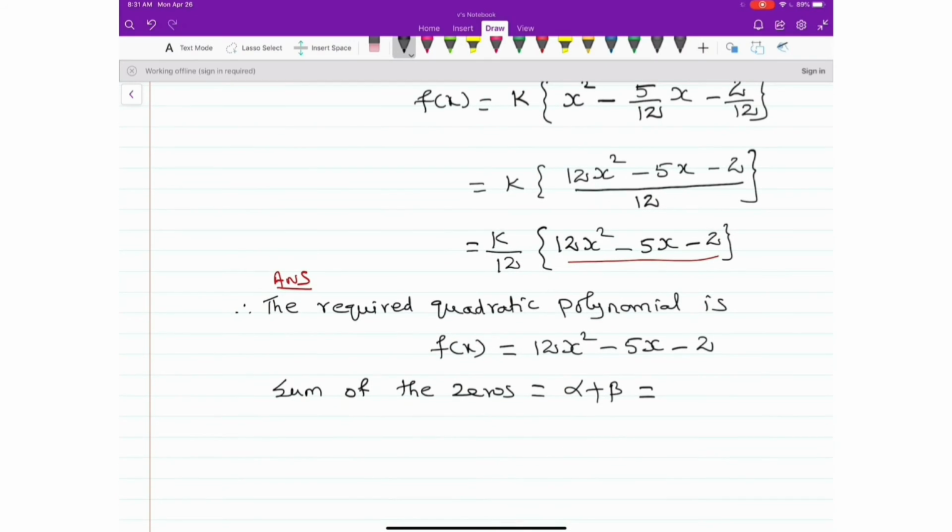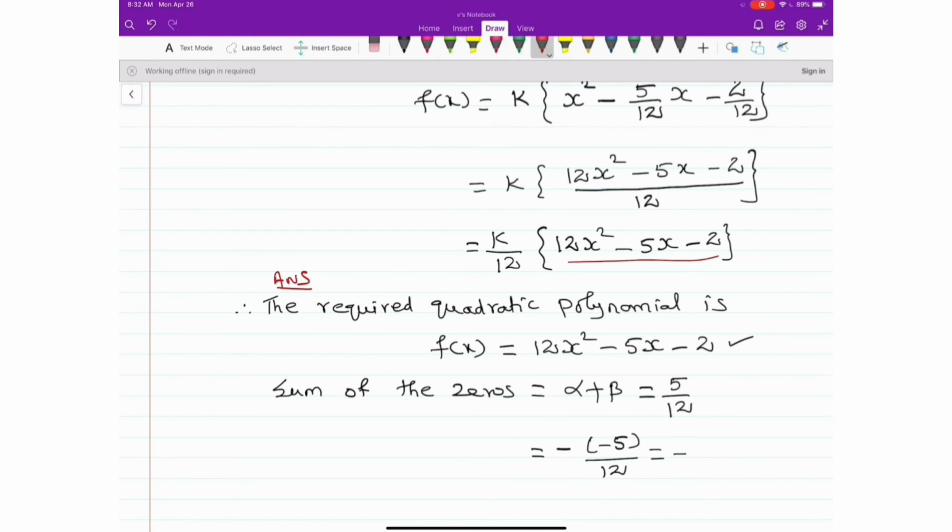So, 5 by 12, this I can write as minus of minus 5 by 12. This is equal to minus. In this quadratic polynomial, what is minus 5?